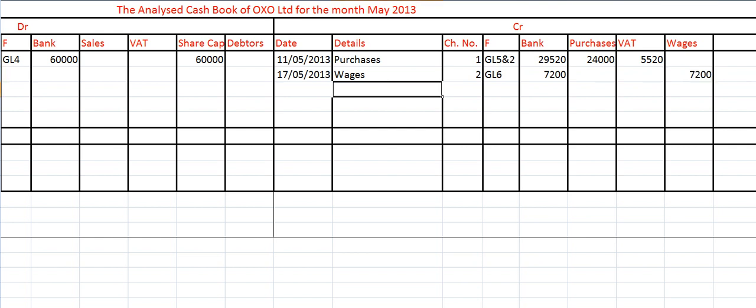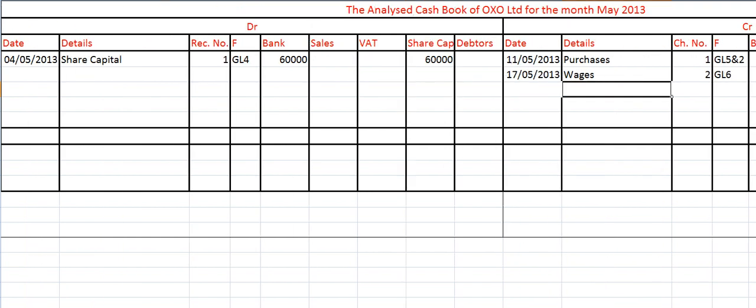Okay. The next transaction, sales were lodged. So that's money coming in. We're going to go back over here. And that's 26th of the 5th, 2013. Sales. And we didn't issue a receipt number there, from what I can see. The sales account we know is GL1. And the VAT account is going to be GL2.